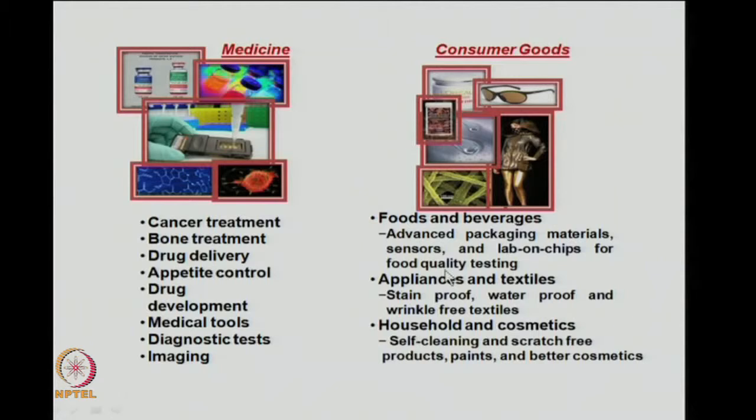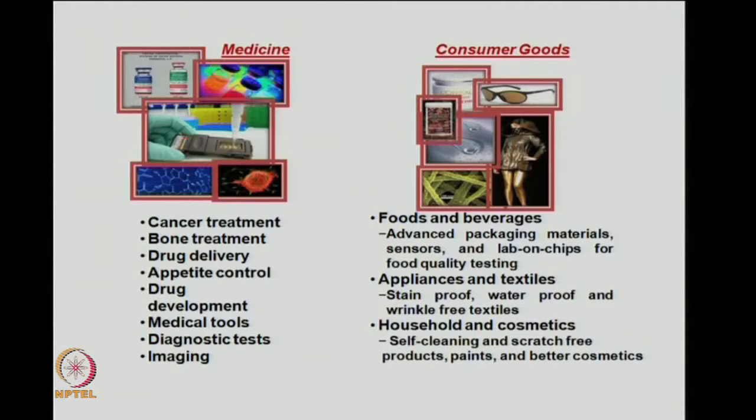In smart appliances and smart textiles, like stain proof textiles, waterproof textiles, there is a lot of work which is already going on, and it has a lot of prospects where nanotechnology will be used.